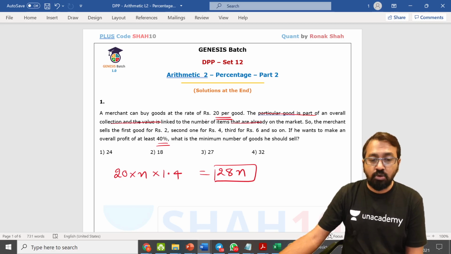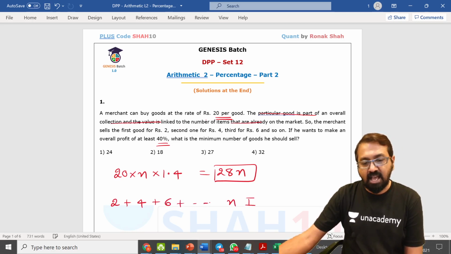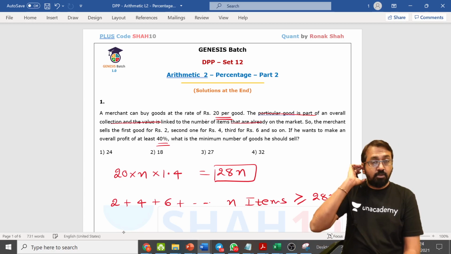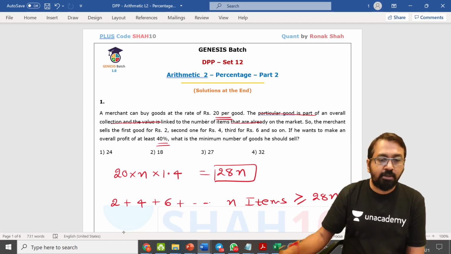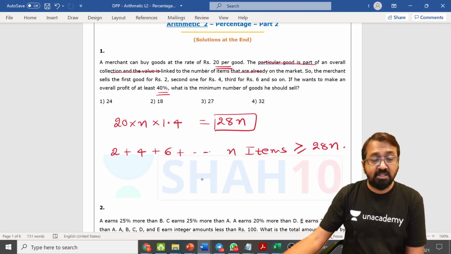Now how is he selling the goods? The first item he's selling at 2 rupees, second one at 4, third one at 6, and so on and so forth. In such a way he has n items, and this total should be greater than or equal to 28n. Now this question becomes a progression problem, or you can say it's a simple even number series addition problem.